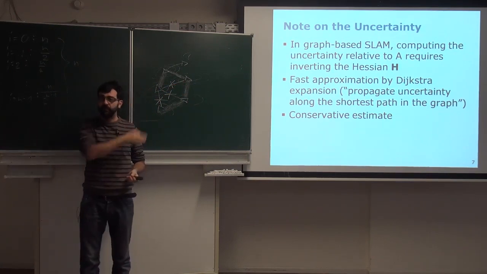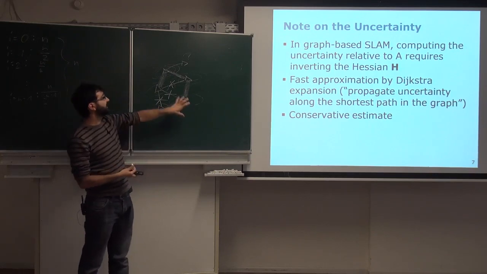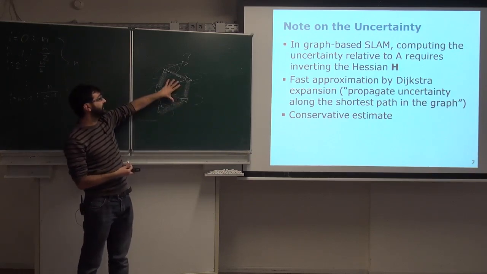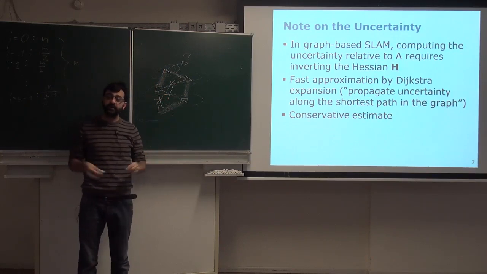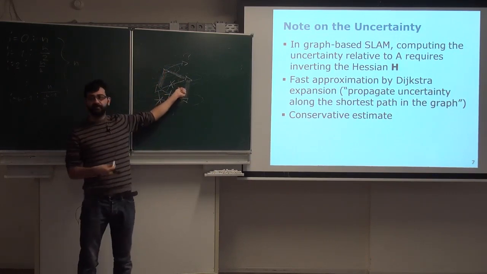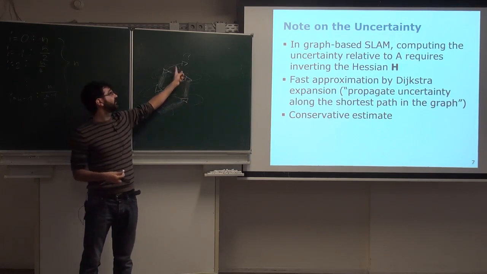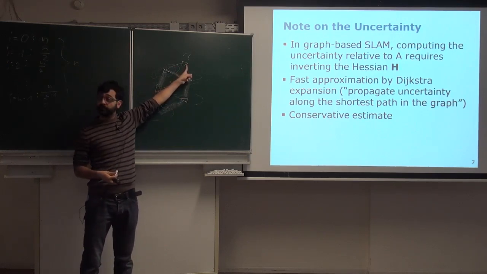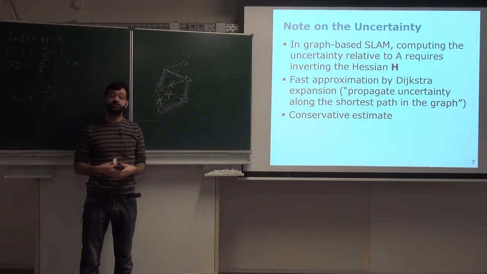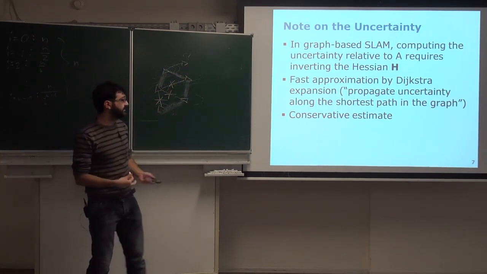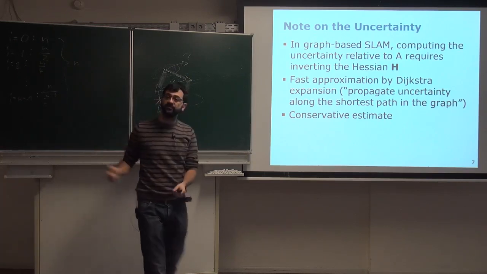We're not going to do it, just believe me, but basically optimizing a tree or going over the path comes to the same solution. And this is a rough approximation that if you are very close to the pose, it's not too bad, but if you are far away, it's getting larger and larger. The effect that you have here is that you have an estimate which is quite conservative.